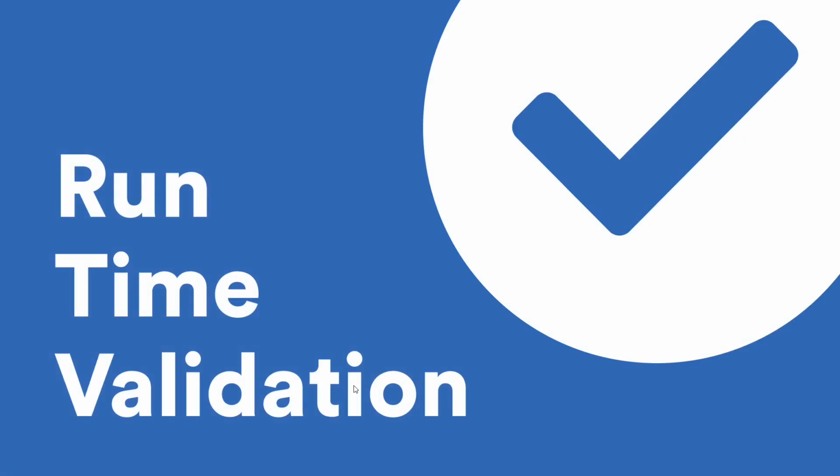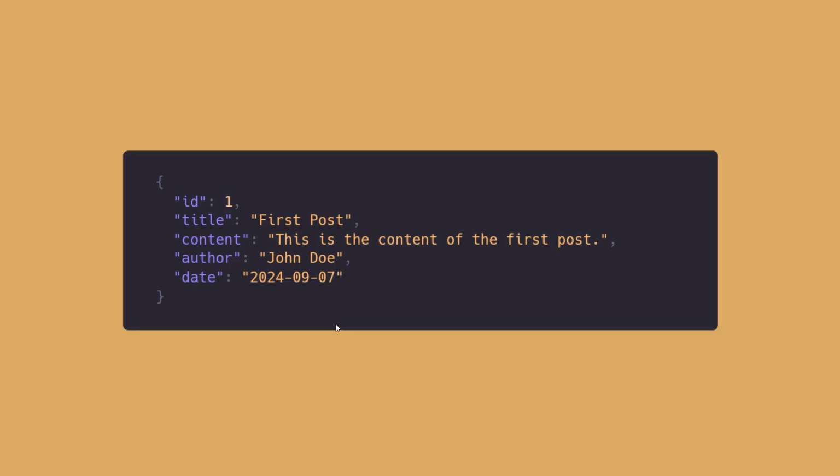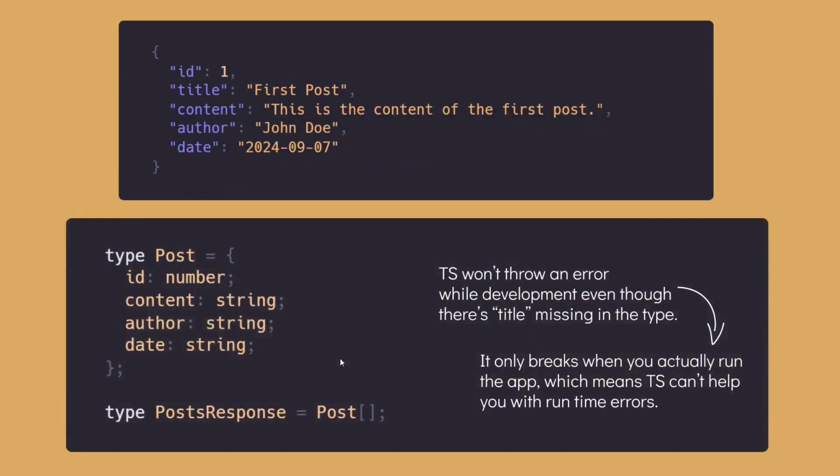And by the way, Zod is not specifically used to validate just input data. Any data that you work with in your application that can only be validated at runtime and not compile time, Zod can help you validate it. So think of an API response. TypeScript would never come to know what data you get from an API response. You can read the docs and define the type for the response, but TypeScript won't throw an error during compilation.